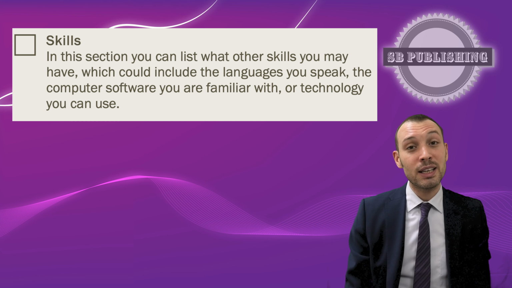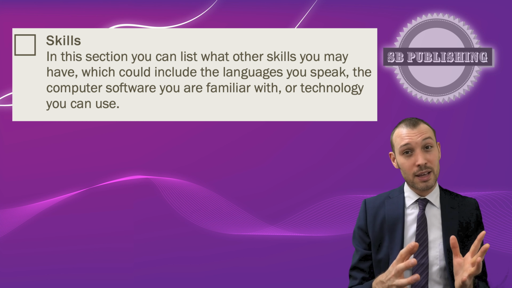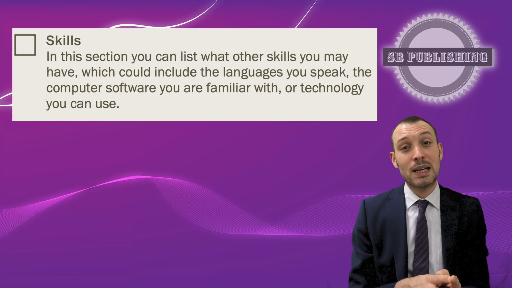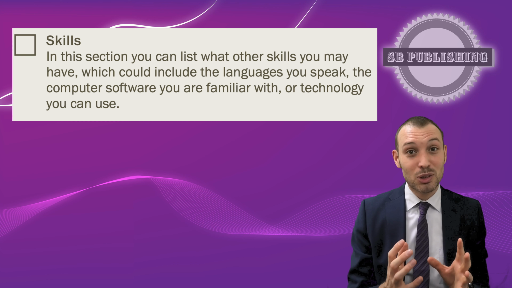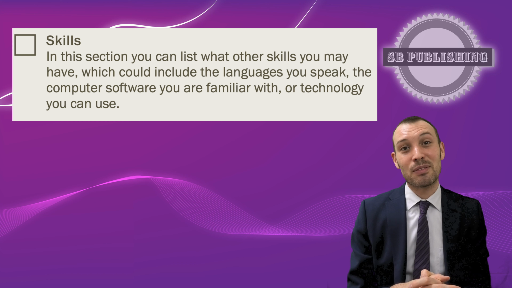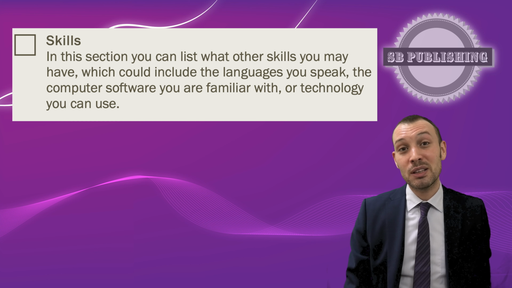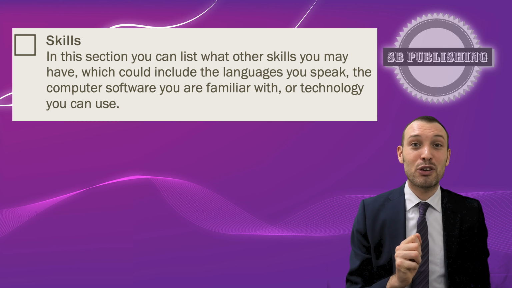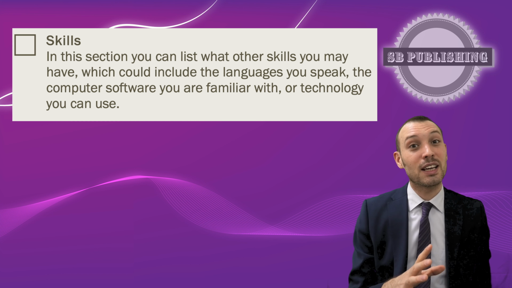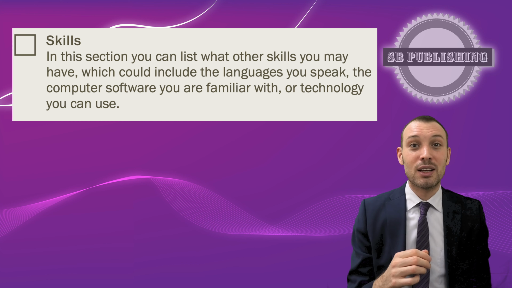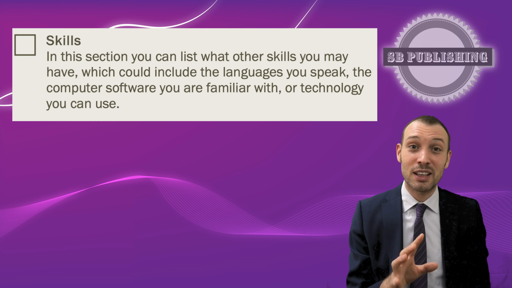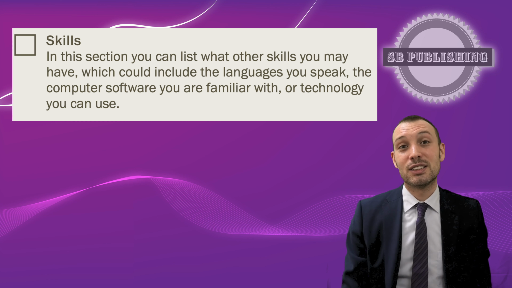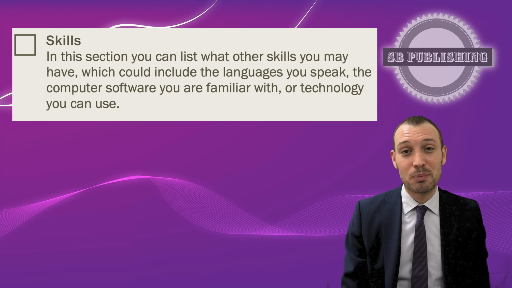It might be a good idea to list any software that you can use. If you're familiar with Windows or Mac or anything in between, list it down here. It could be something more specific. If you know how to do video editing or music software or photography, list those skills here if they are connected to the job that you are applying for.